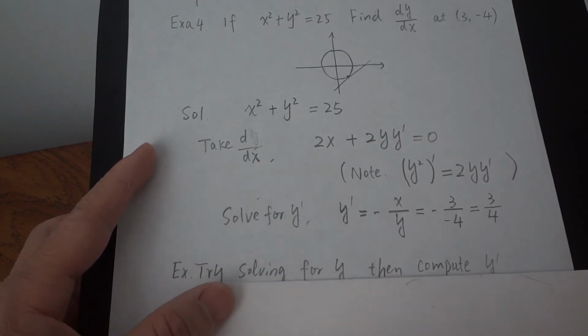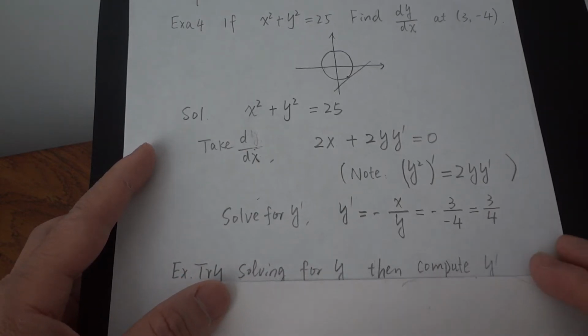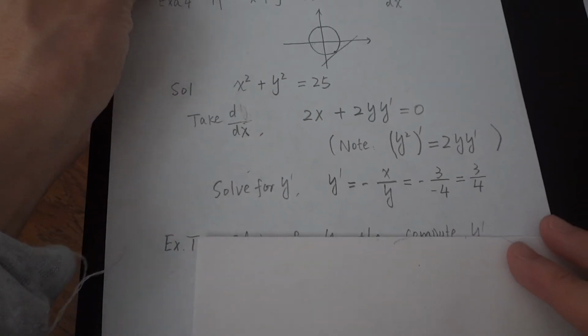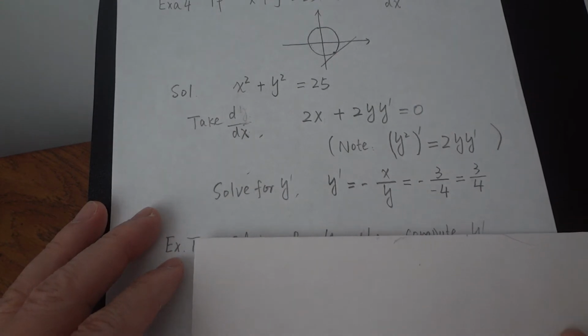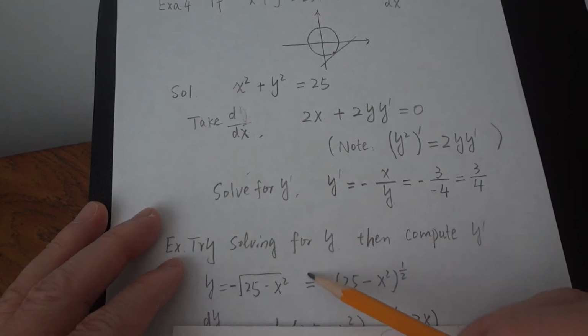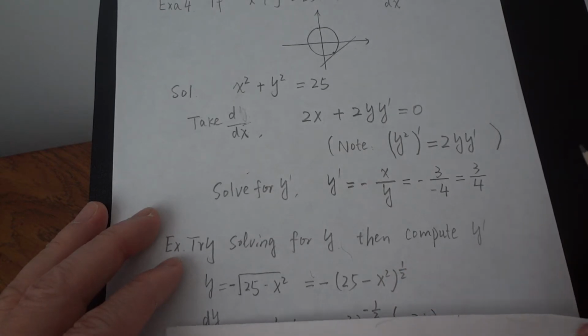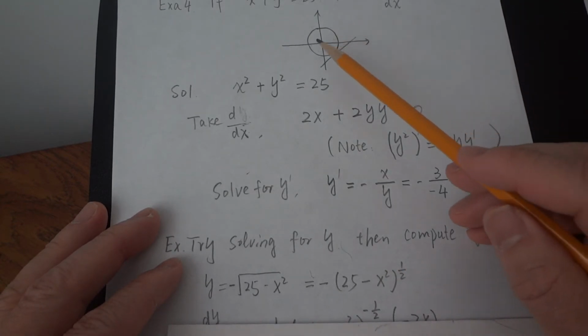Those who have some extra energy, extra time, and interest, you can try to solve this problem in the traditional way. Namely, you can actually solve for y, and then compute the y prime. So let's go back to the graph here.